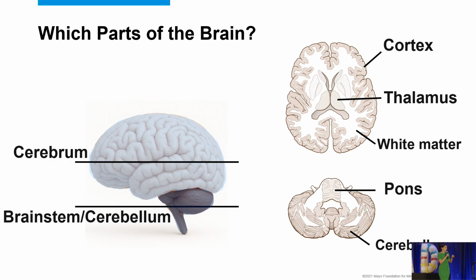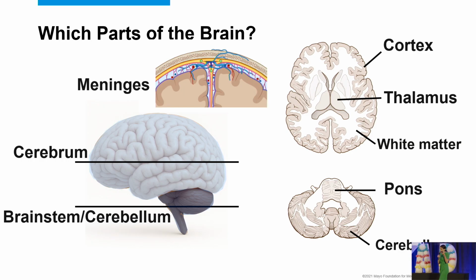I highlighted among all the regions the pons and the cerebellum because they can be affected in a good percentage of cases, so you might encounter that. What do they do? The cerebellum and the pons are the areas that control balance, the coordination of your limbs, but also of your eyes. We will talk more about the symptoms we can have if these areas are affected.